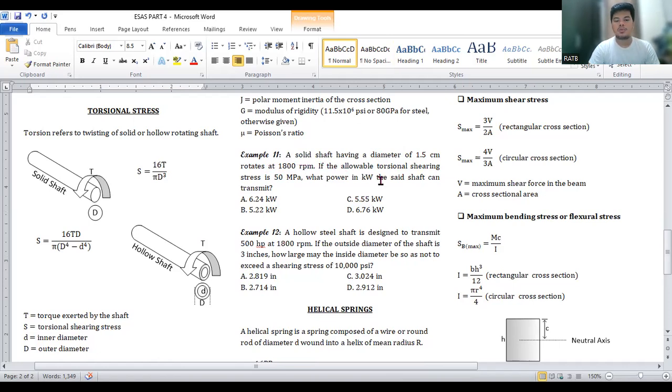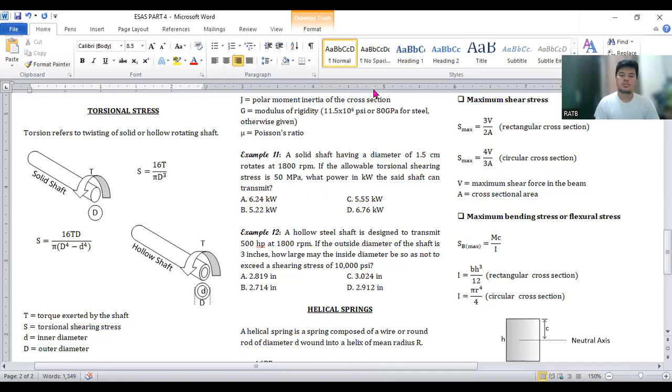The allowable torsional shearing stress is 50 megapascal. What power in kilowatts can the said shaft transmit? It's actually a combination of formulas.